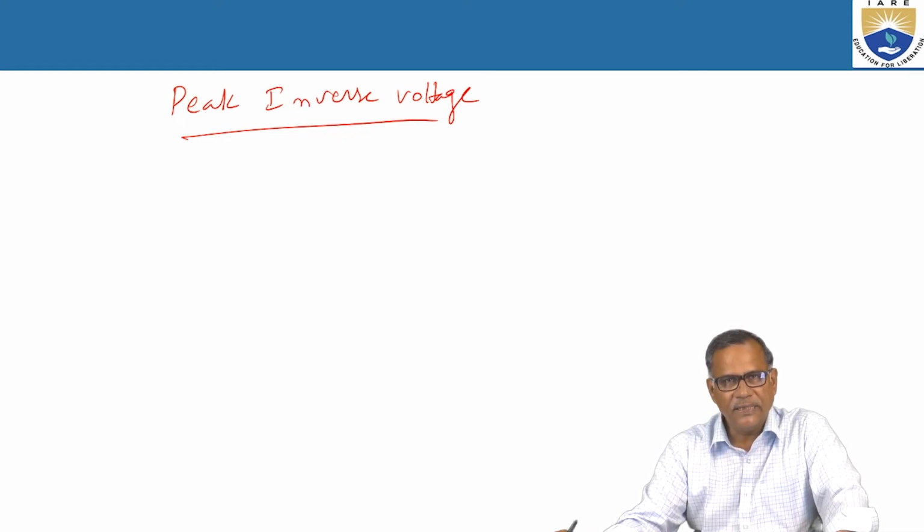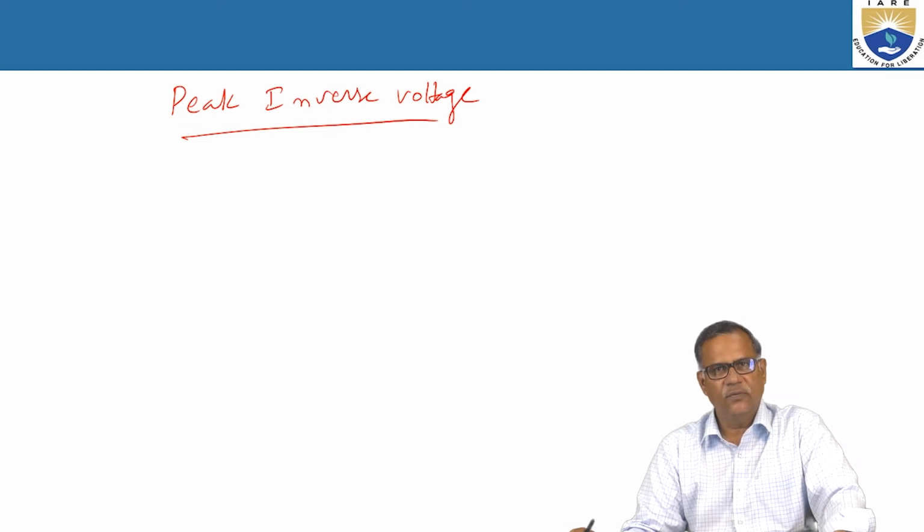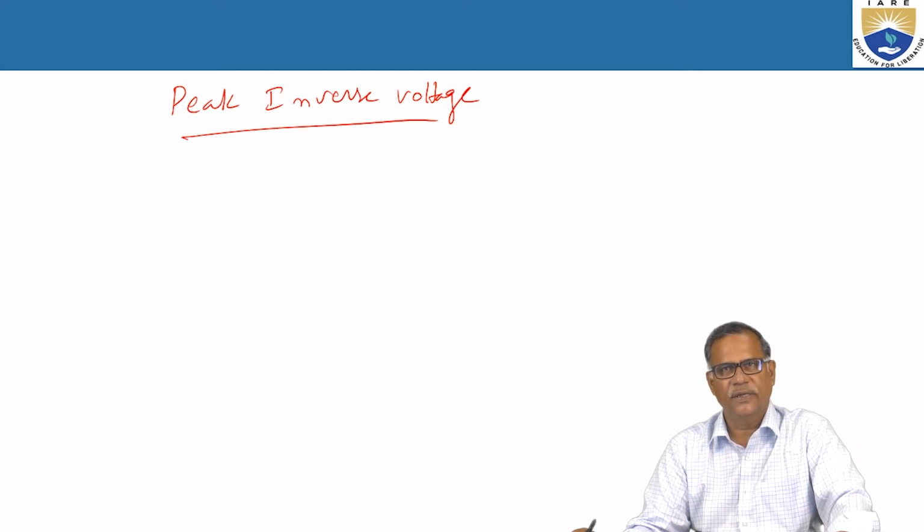What is the maximum voltage the diode can withstand? That parameter has to be kept in mind for choosing the diode in the half-wave rectifier application. The maximum voltage which appears across the diode during operation of the circuit is called the peak inverse voltage.